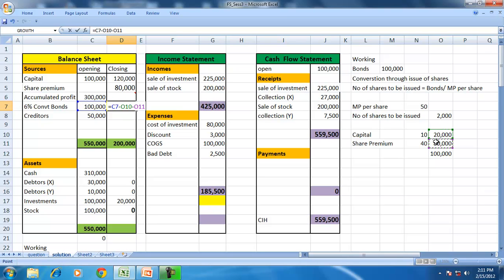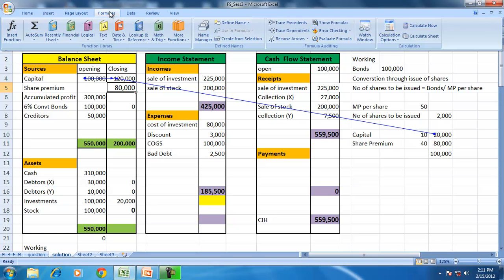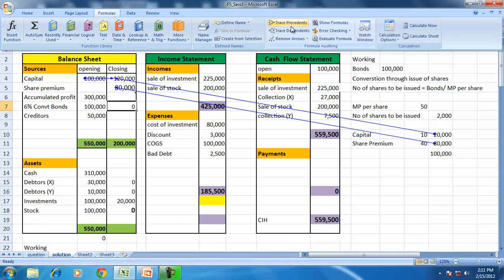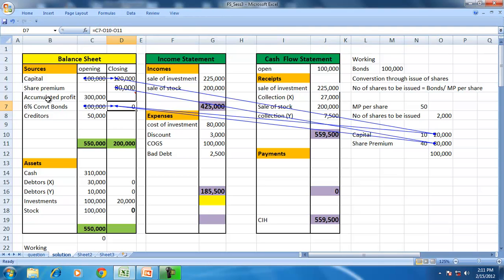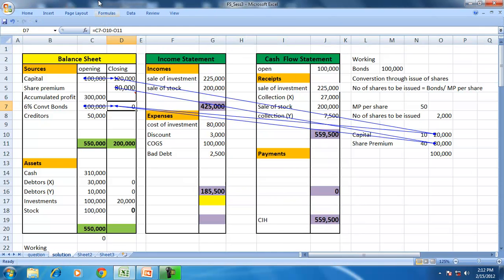The share premium and the capital and the corresponding reduction in the convertible bonds completes the transaction. The capital increases by 20,000, share premium increases by 80,000, and the bonds are reduced by 20 and 80, that is 100,000. So that is the conversion of the bonds done.